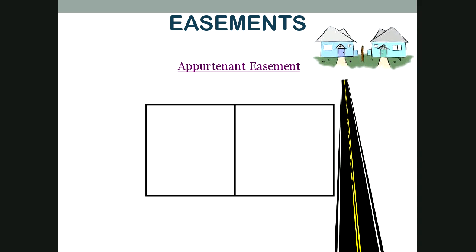So how does an appurtenant easement work? Let's say you have two pieces of land that are next to a road. This piece is owned by Meg, and this one by Stewie. Well, clearly Stewie cannot get to the road, which he wants to do, right? That's how he's going to be able to use his land, is to get to the road.